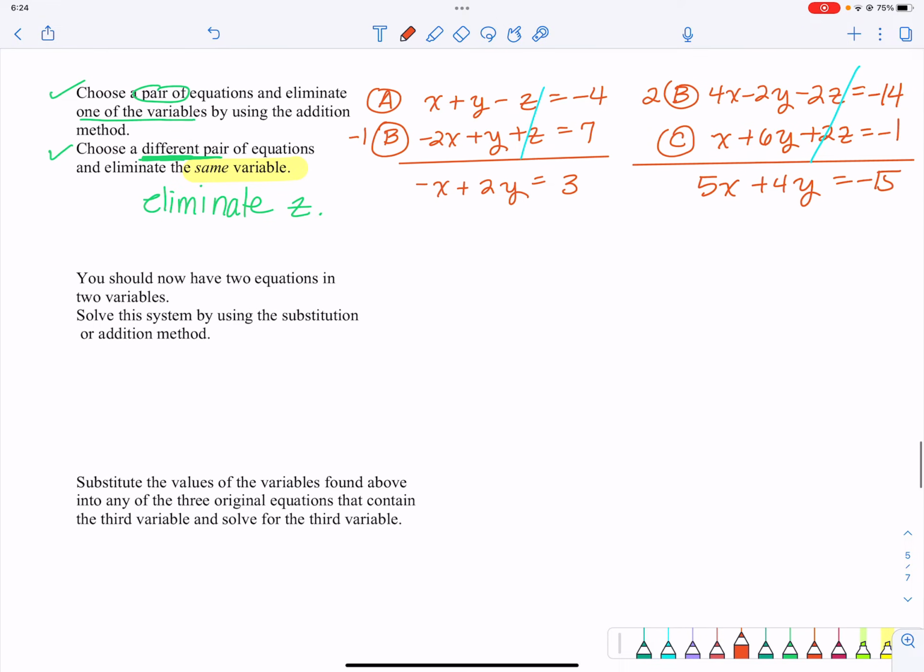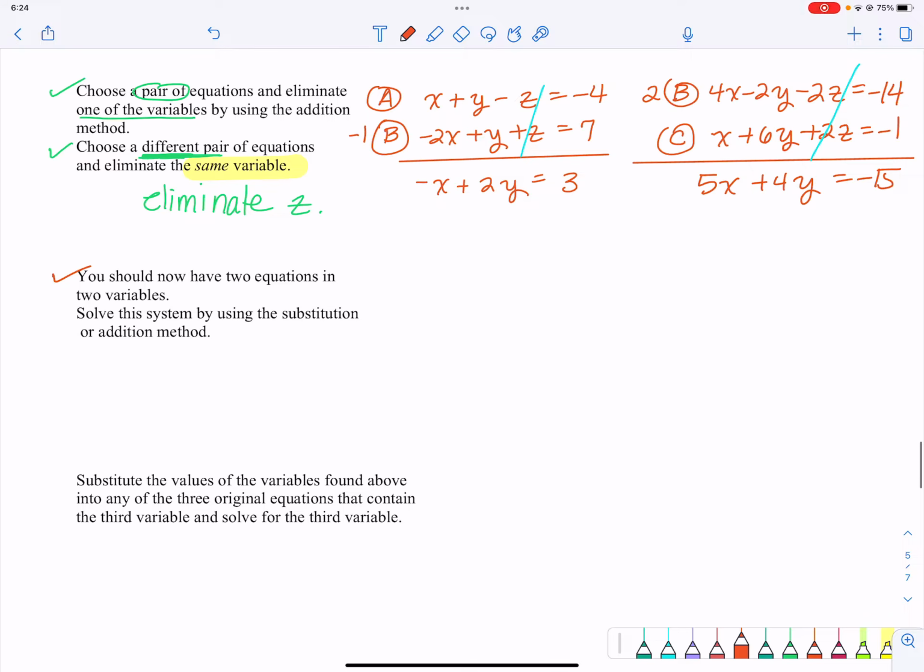Now it says you should have two equations in two variables. We're going to be solving just like we did in the previous section. We can use substitution or addition. I think the addition method is going to be the best for us. Let's see what variable we could eliminate.